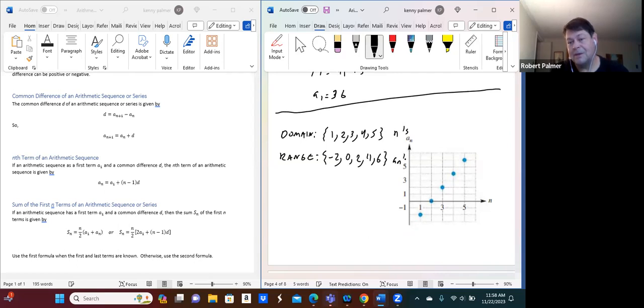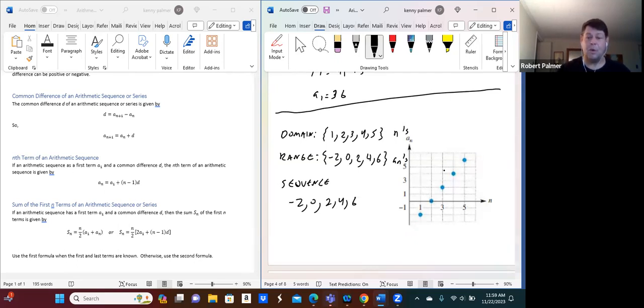And these are our a_n, our sequence values. Then our sequence is -2, 0, 2, 4, and 6. And here we're assuming it stops right here. The picture can keep going.